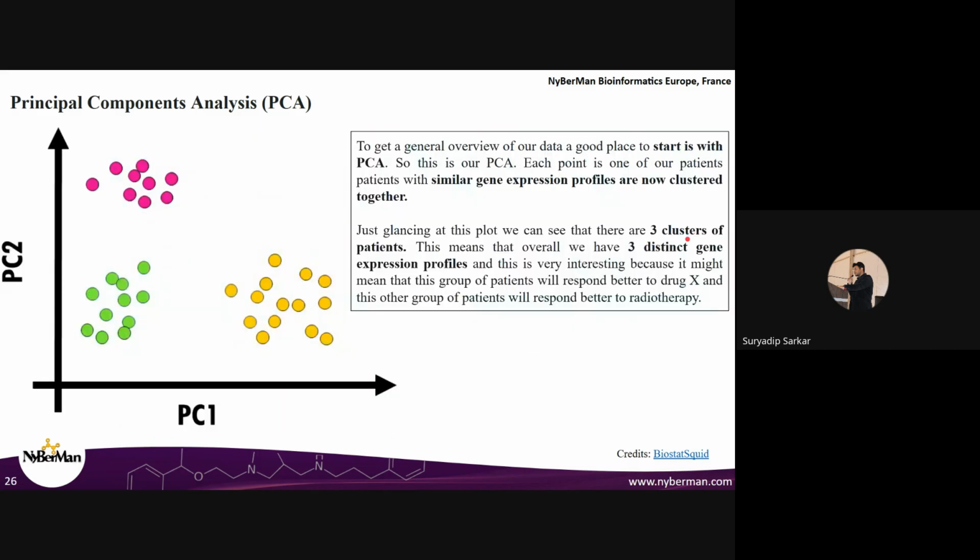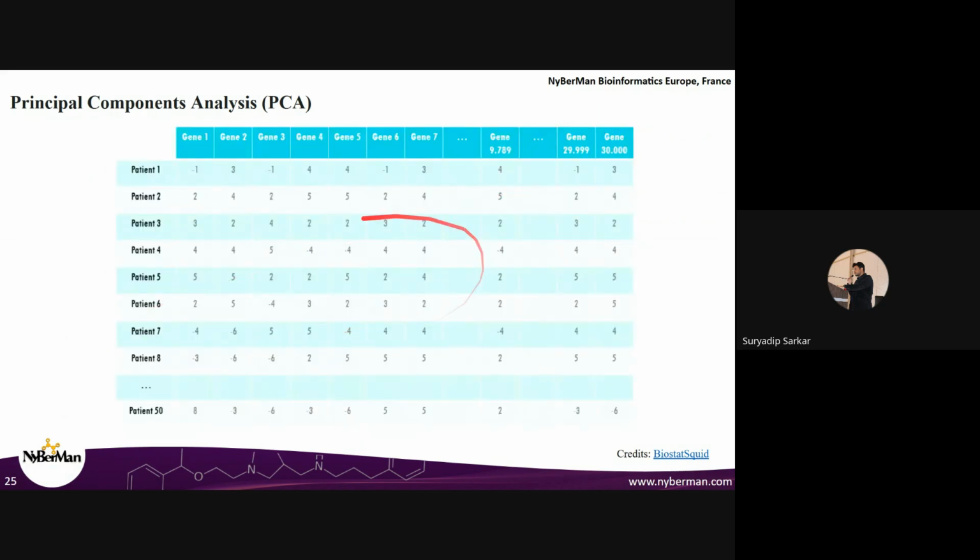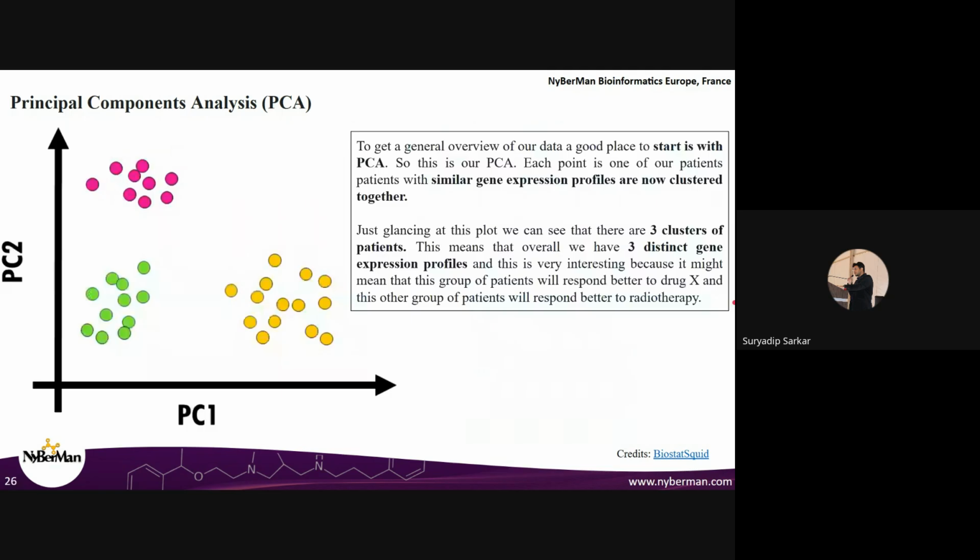To get a general overview of our data, a good place to start is with PCA. So this is our PCA plot with respect to this data. Now each point on the PCA plot is nothing but a single patient or a sample.